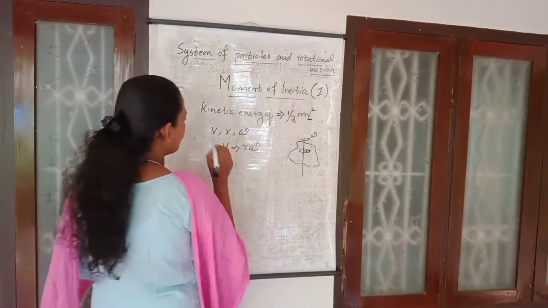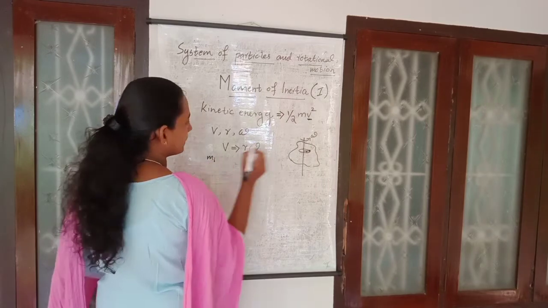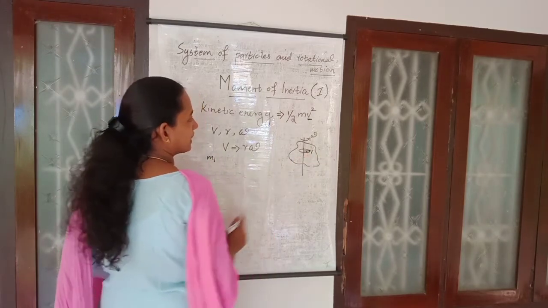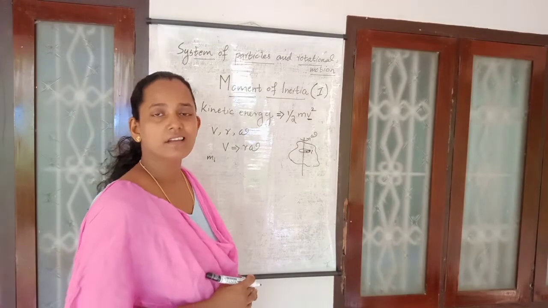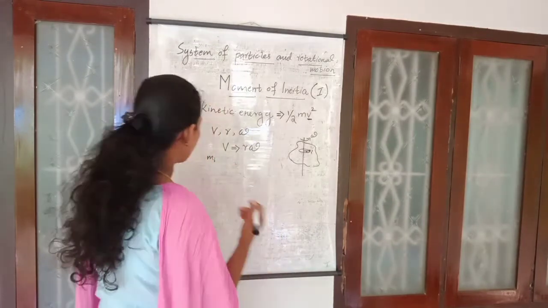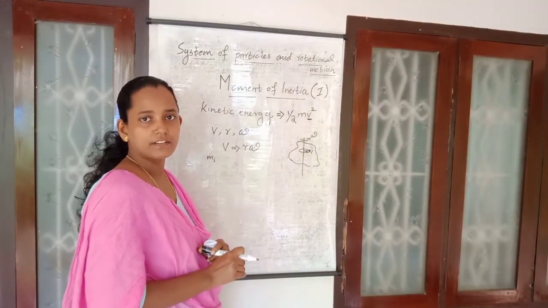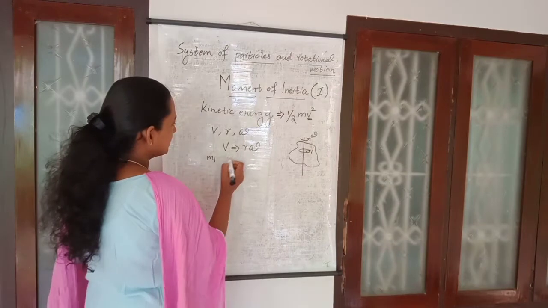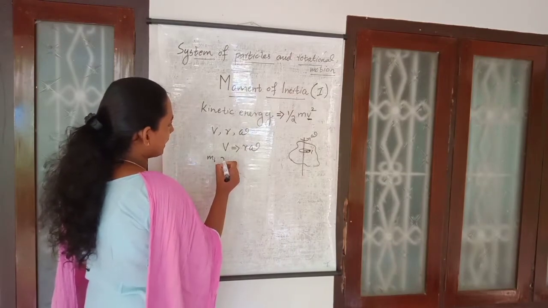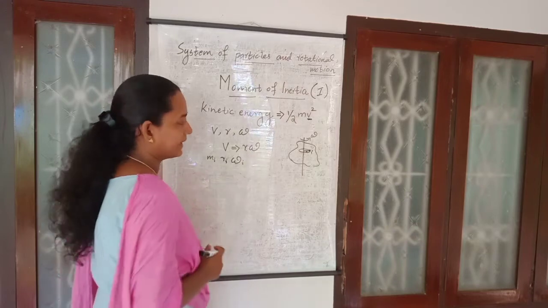Therefore, in order to find the kinetic energy of a particle: a rigid body has n number of particles, and suppose we choose the ith particle with mass mi and position vector ri, moving with angular velocity omega i.